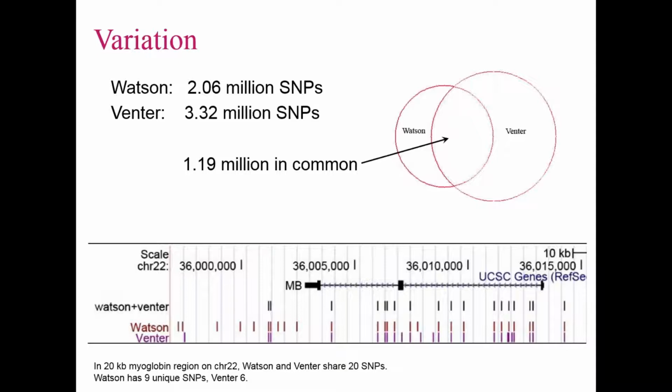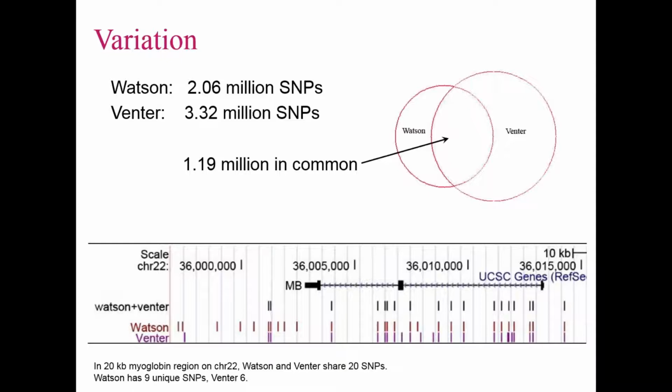The reference is 3 billion DNA bases taken from one individual. It's actually not just one individual, but at any one location, it's just one individual. Watson and Venter differ by 2 or 3 million. They have 1.2 million of those variants in common, and then 1 or 2 million variants each that the other doesn't have, as you can see in that Venn diagram right there.